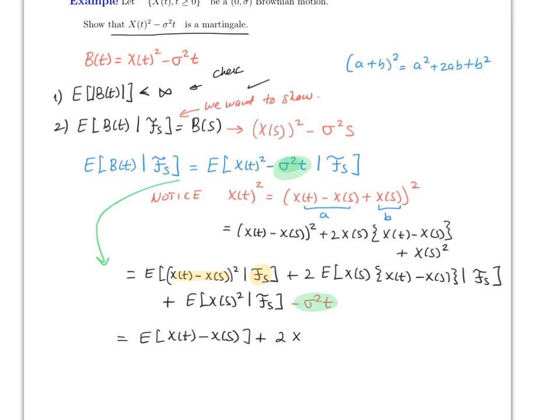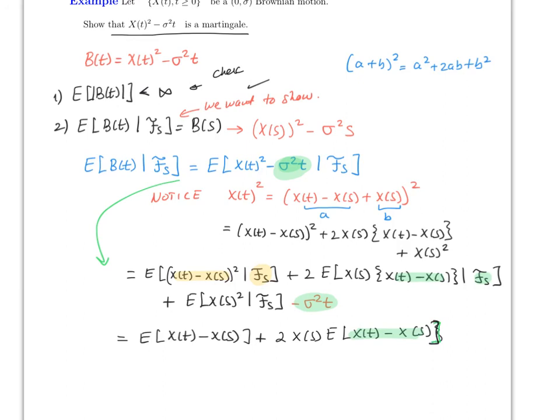So this will be 2 x of s times the expected value of x of t minus x of s, which is also independent of this part.